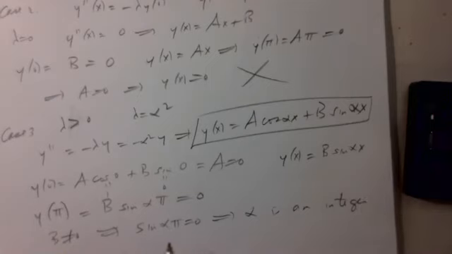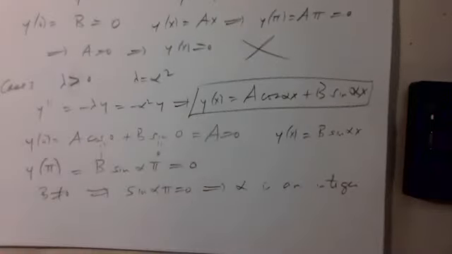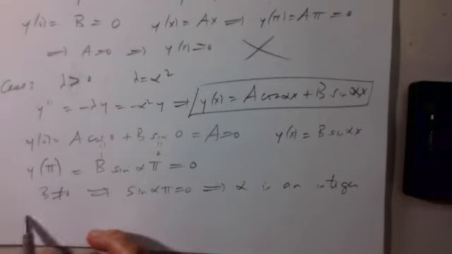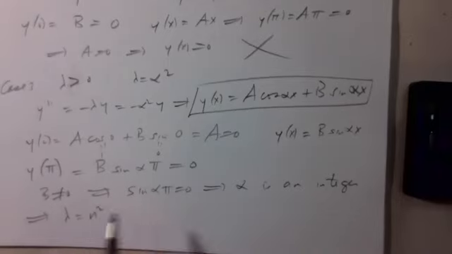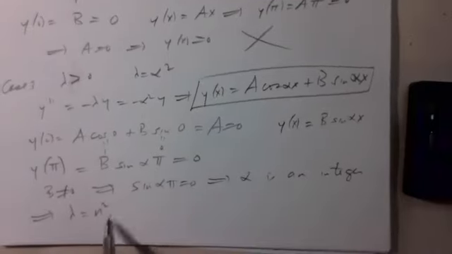The only values of the sine which are 0 are multiples of pi. So lambda has to be the square of an integer.